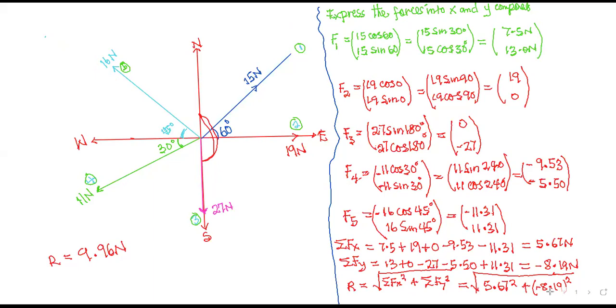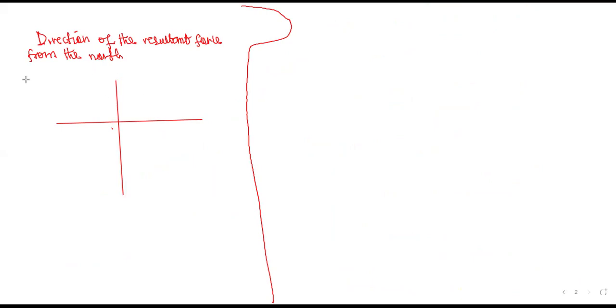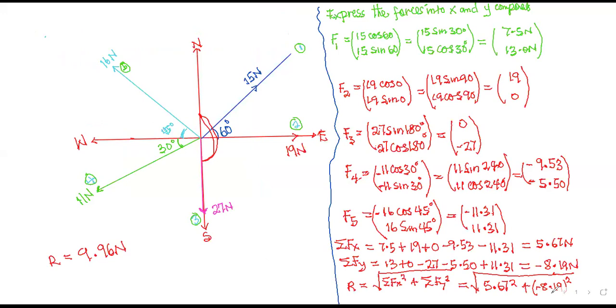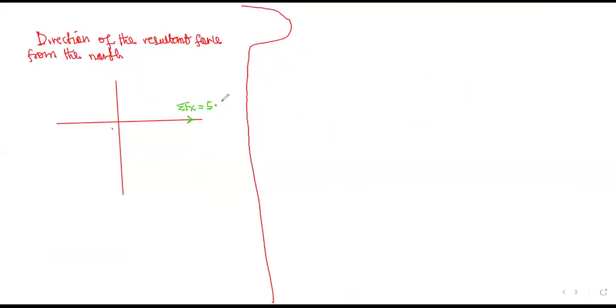So summation f of x is positive 5.67, and summation f of y is negative 8.19, so it must come here.